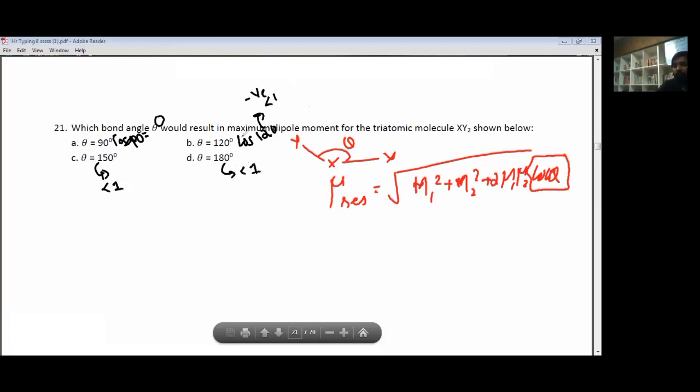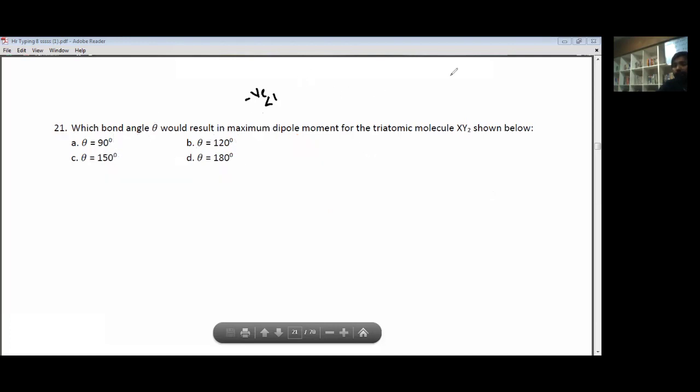These are all in the second quadrant, where the cos value is negative. If this term becomes negative, it decreases the dipole moment. If it is 0, there will be at least this much magnitude. So the dipole moment is greatest when theta is 90 degrees. Okay, fine.